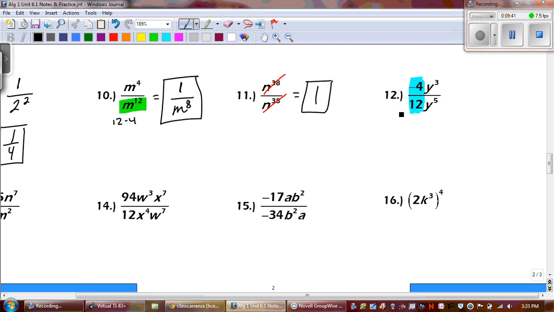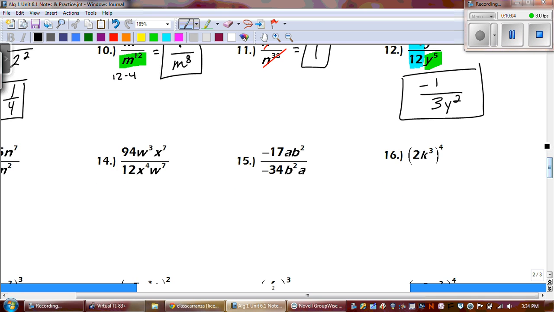Okay? So negative 1 over 3. And now let's take a look with the y's, who wins, the top or the bottom? Okay, the bottom wins, and the bottom wins by 2. So we get negative 1 over 3y squared. Okay, we skipped 13 in class, so we're going to skip 13 in their notes.